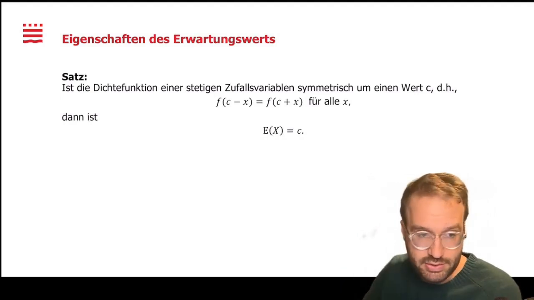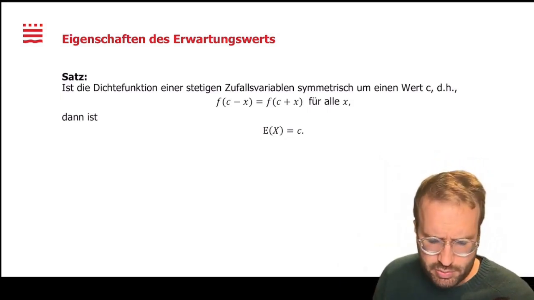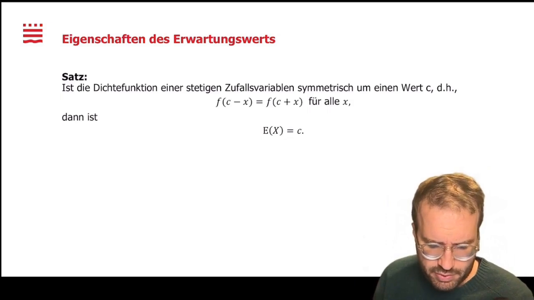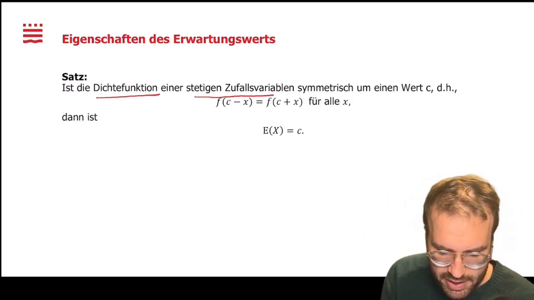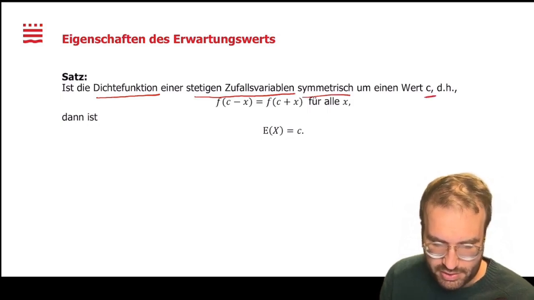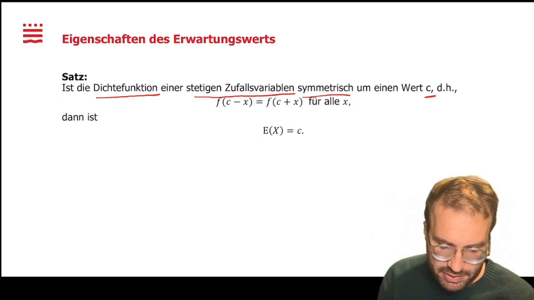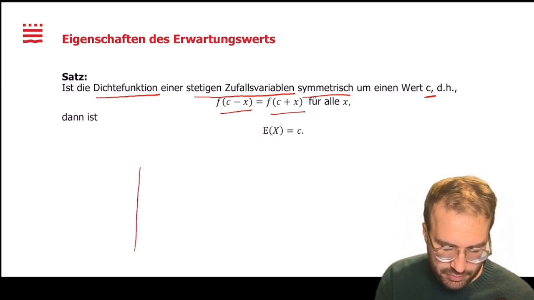An important theorem that will help us, especially with the normal distribution, is that if we have a density function and a continuous random variable, and the whole thing is symmetric about a value c, meaning it is axis symmetric, which means f(c + x) = f(c - x).